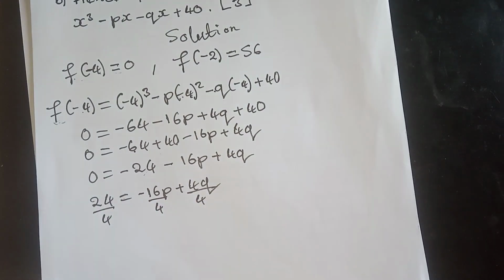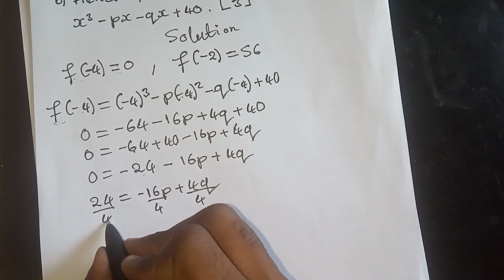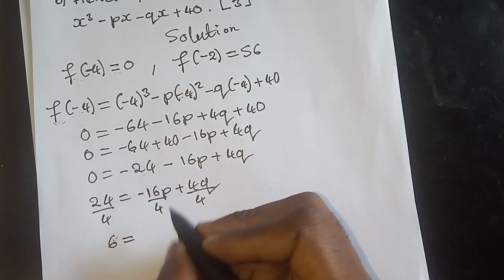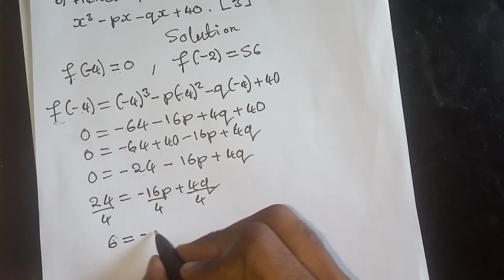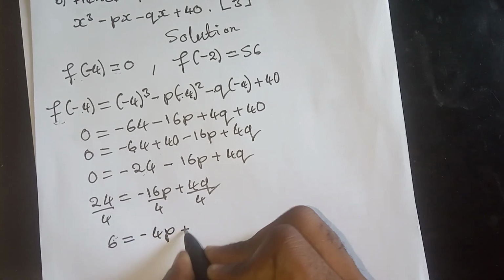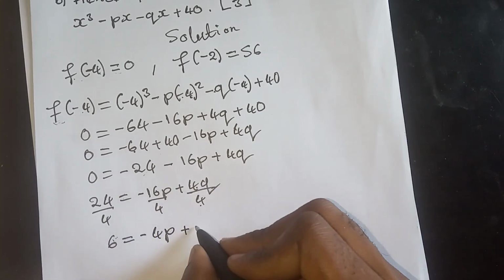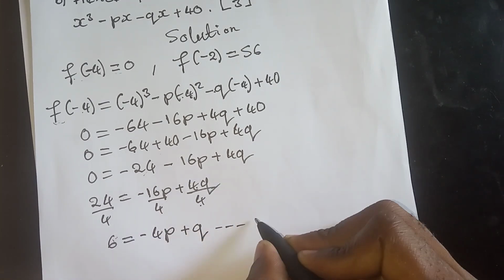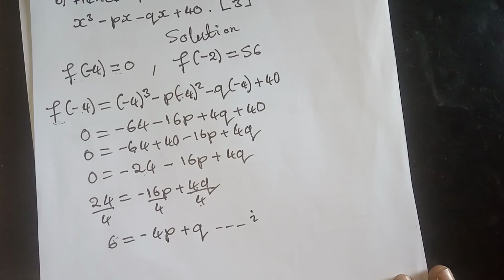So do not mix these two together. So 4 into 24, this is 6. 4 into negative 16, this is negative 4p. 4 into 4, that's a 1, so we have a q. So we can take this as our equation 1.